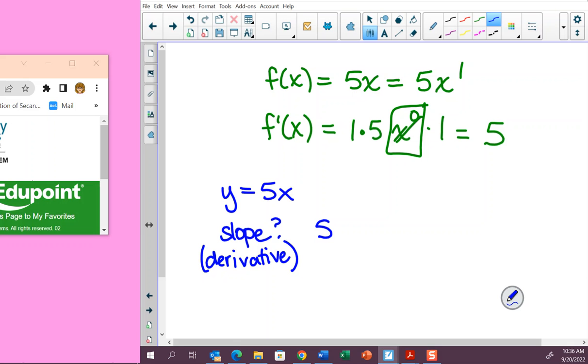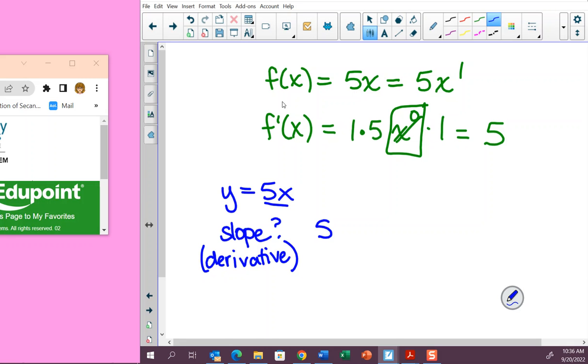If you've got a line, you got one slope. That's why we started talking about lines, because they have one slope, one rate of change. So the derivative, the slope of a linear term, is just the coefficient of that term. The derivative of 5x is 5.